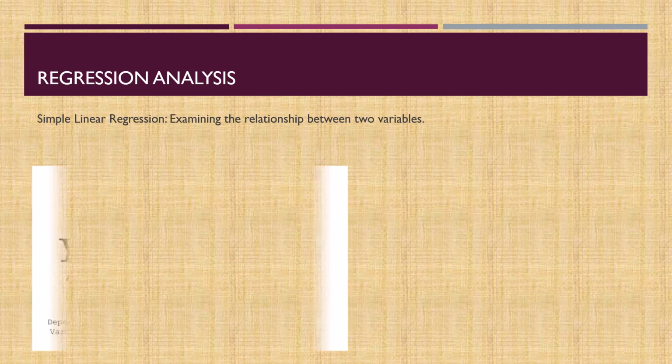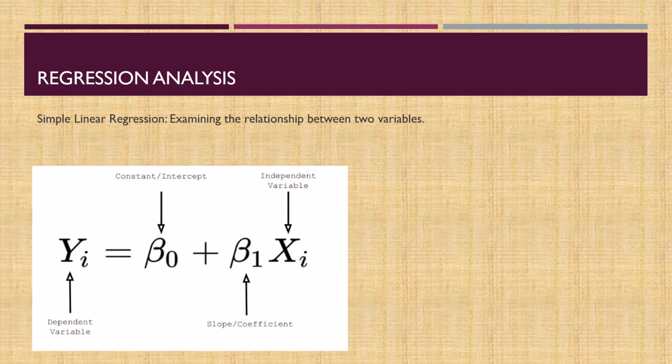We have regression analysis in inferential statistics, and in regression we can have a simple linear regression, which examines the relationship between two variables. For example, if you want to know if income is influenced by education level, that would be a simple linear regression, where we have a dependent variable and an independent variable.